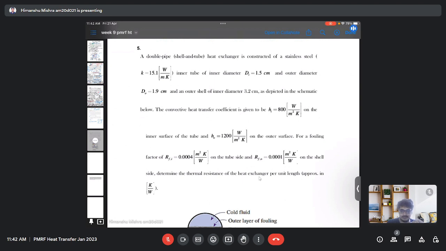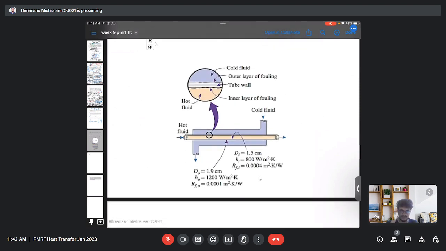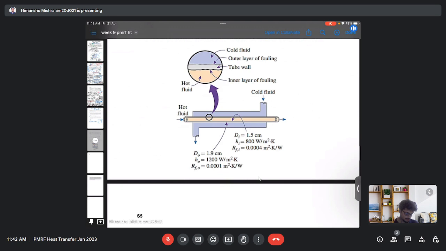We need to determine the thermal resistance of a heat exchanger per unit length. So we have been given the conductivity and the heat transfer coefficient at inside and outside, and also the fouling factor, and we just need to calculate the resistance.